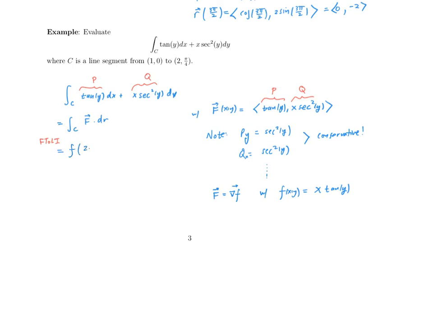So we have f evaluated at the endpoint of the curve minus f evaluated at the start point. So that would be 2 tangent of pi over 4 minus 1 tangent of 0. Tangent of 0 is 0. Tangent of pi over 4 is 1. And we end up with a final solution of 2.